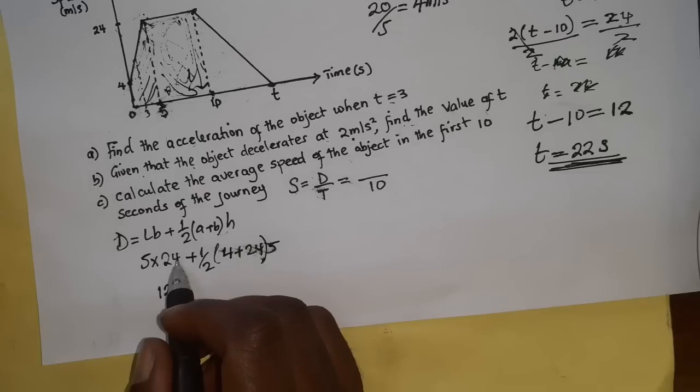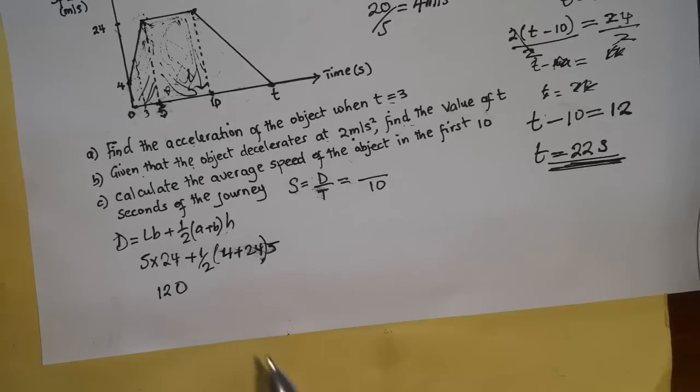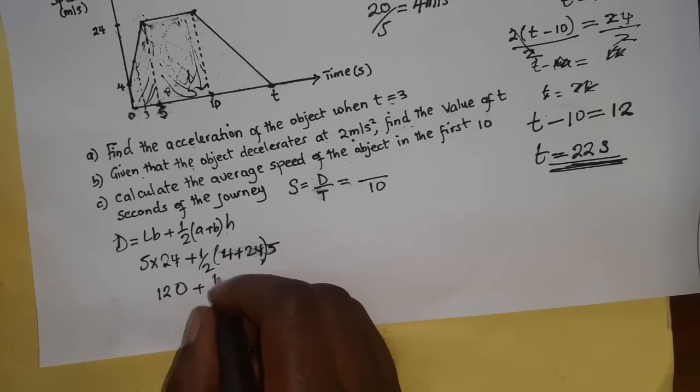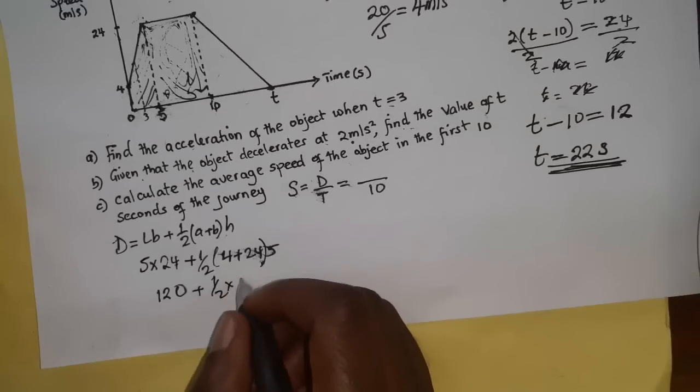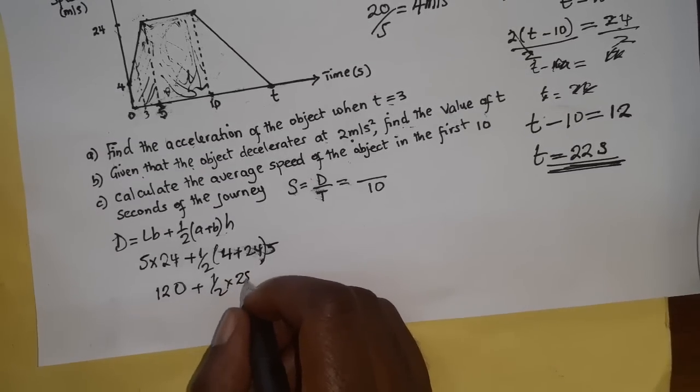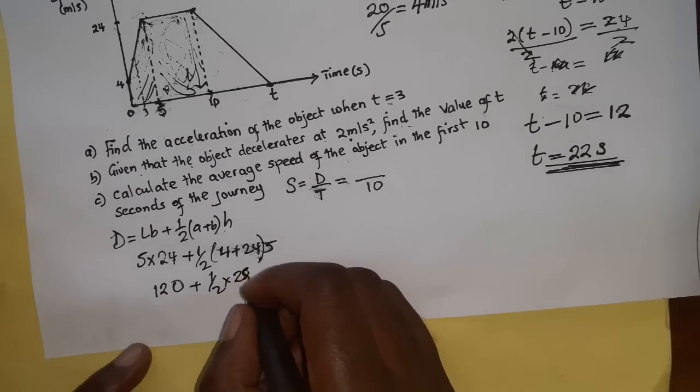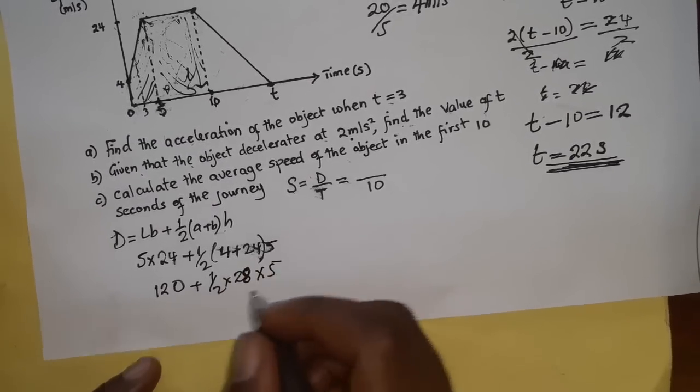This is going to be 2. Then plus 1 over 2 multiplied by, you add this, is going to give us 28 multiplied by 5.